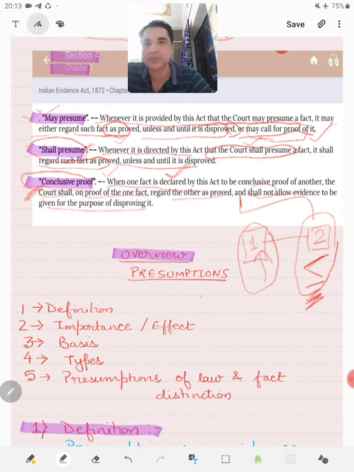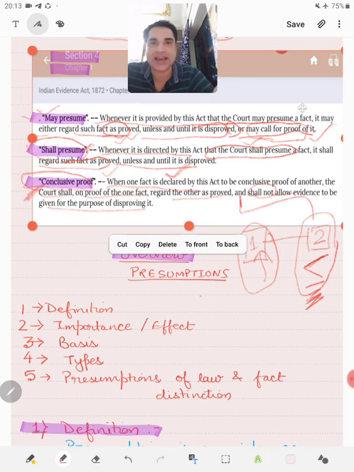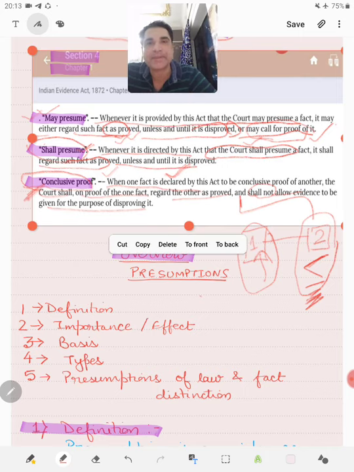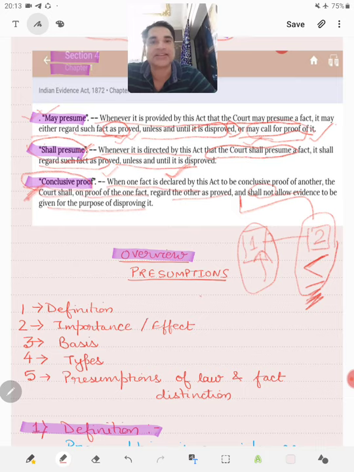So in may presume, the court has got two options: to take it to be proved or ask for proof of it. And the opposite party can disprove it in case it is taken to be proved. In case of shall presume, the court has to take it to be proved, but the other party has got the liberty to disprove it.